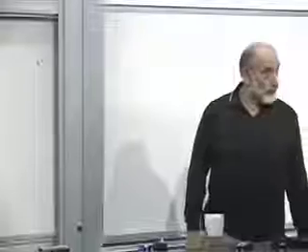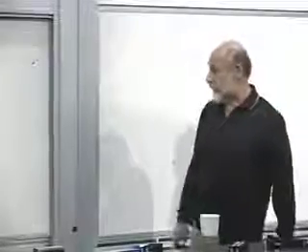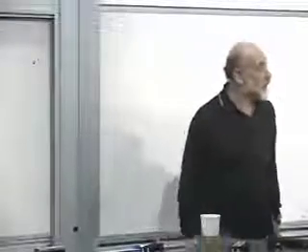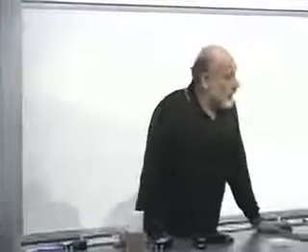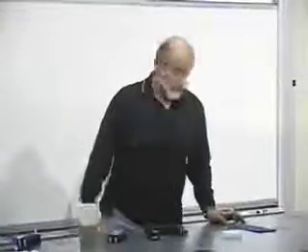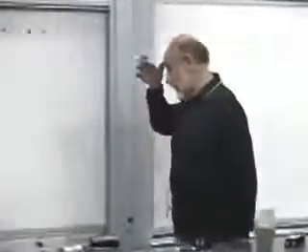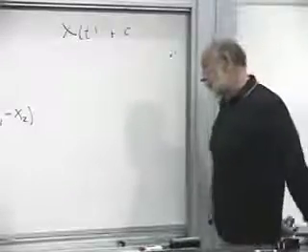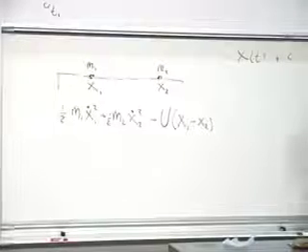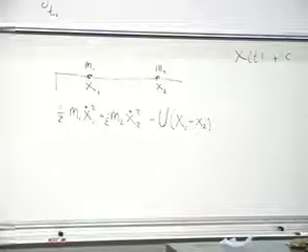Actually, it doesn't have to be absolute value, but we could make it absolute value if we wanted it to be literally the distance between the two points. But for my purposes right now, it's good enough that it's just a function of the separation, x1 minus x2. That's translation invariant.